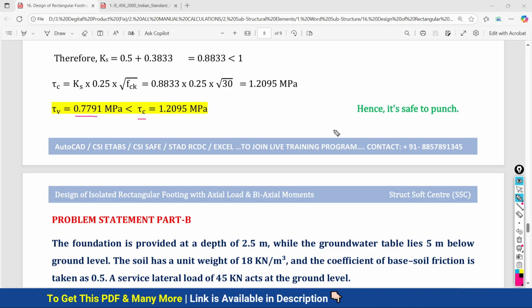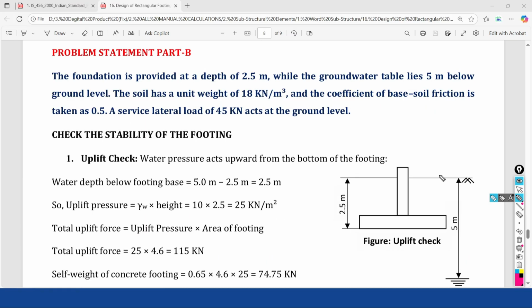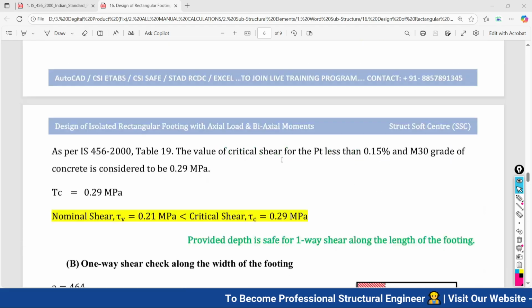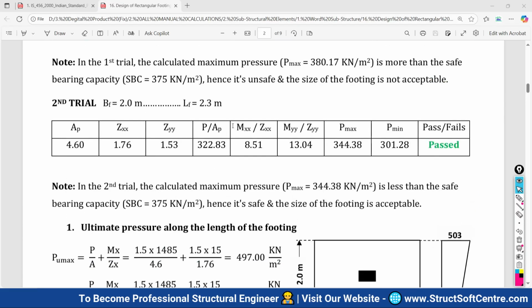Your provided depth of the foundation is safe for the punching. Your foundation is not going to fail under the punching shear check. So in this way we have to perform the punching shear check. Up to this level we have completed all the calculations and all the designs as per the problem statement A. In problem statement A, we have stated that we have to design the foundation.